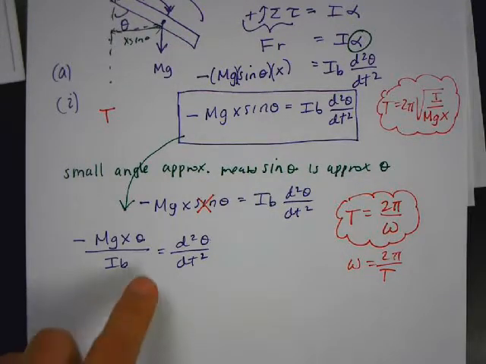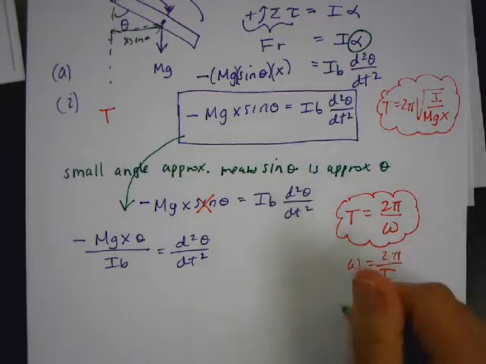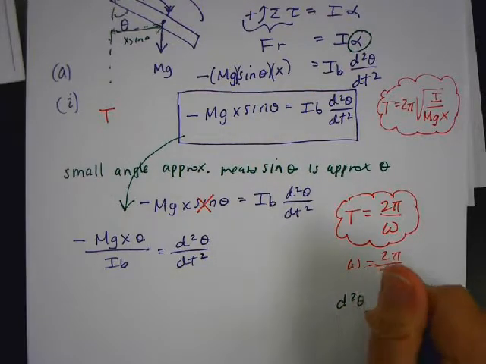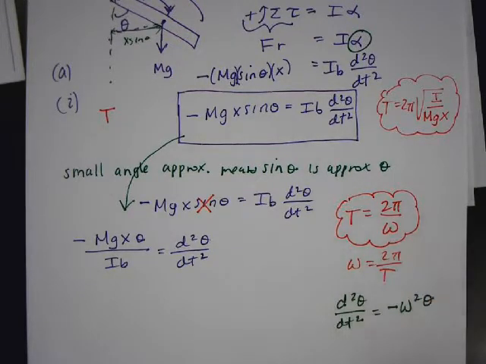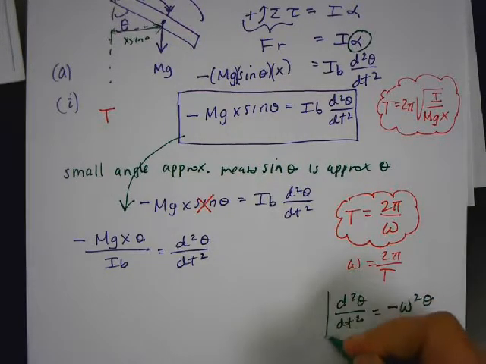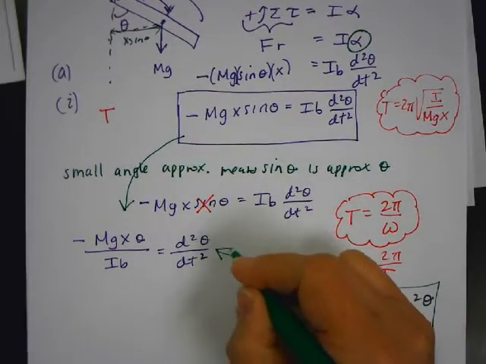So now I'm going to look at what I have here, and what I'm going to say is, oh, I have d squared theta over dt squared, that's equal to negative omega squared theta. So now I'm going to substitute it in here.